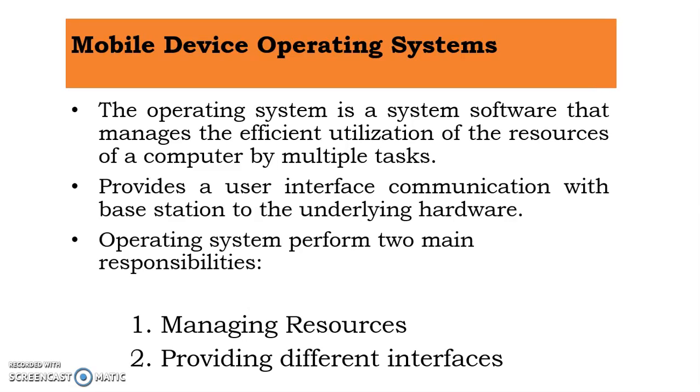And also it provides the user interface and communication with the base station to the underlying hardware. Everyone knows why we are using mobile computing. The main purpose of mobile computing is mobility. For that purpose, we have to provide communication with the base station to the underlying hardware.